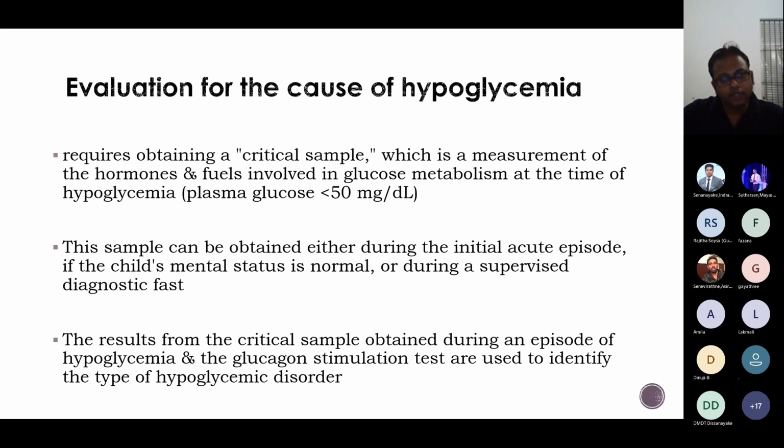You can take it at the acute stage also, only if the child's mental status is normal, or otherwise you have to fast the child again later and take the necessary samples later on. Then depending on those lab findings, we can narrow down our diagnosis.